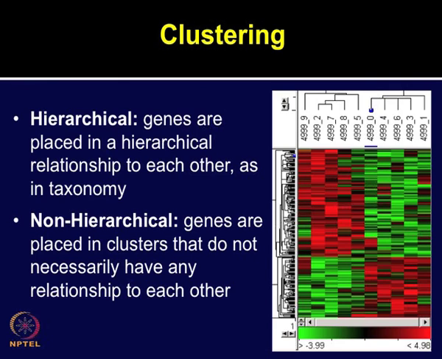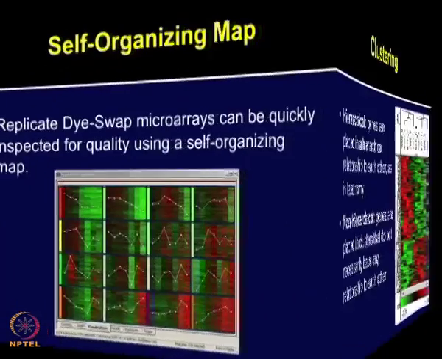Hierarchical clustering is where genes are placed in a hierarchical relationship to each other as in the taxonomy. Non-hierarchical clustering is where genes are placed in clusters that do not necessarily have any relationship to each other.